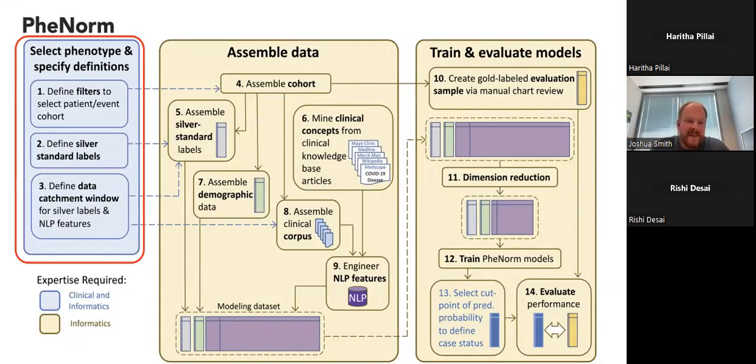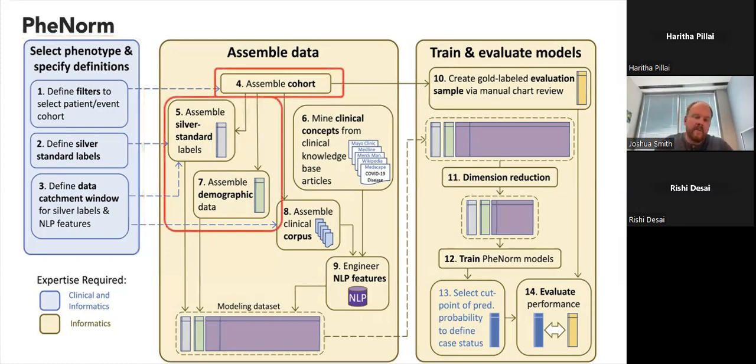And then we also define a data catchment window for the silver labels and NLP features. That is, what time period are we starting from, and what are the boundaries on which clinical notes we will use and which structured data we will use from the EHR. Next, you take those filters to assemble the cohort and use the silver standard labels to assemble the silver standard data.